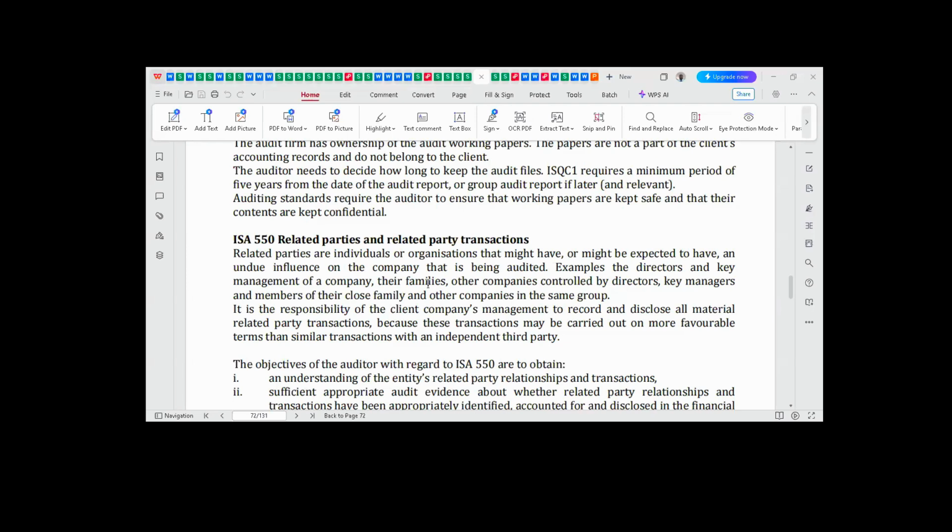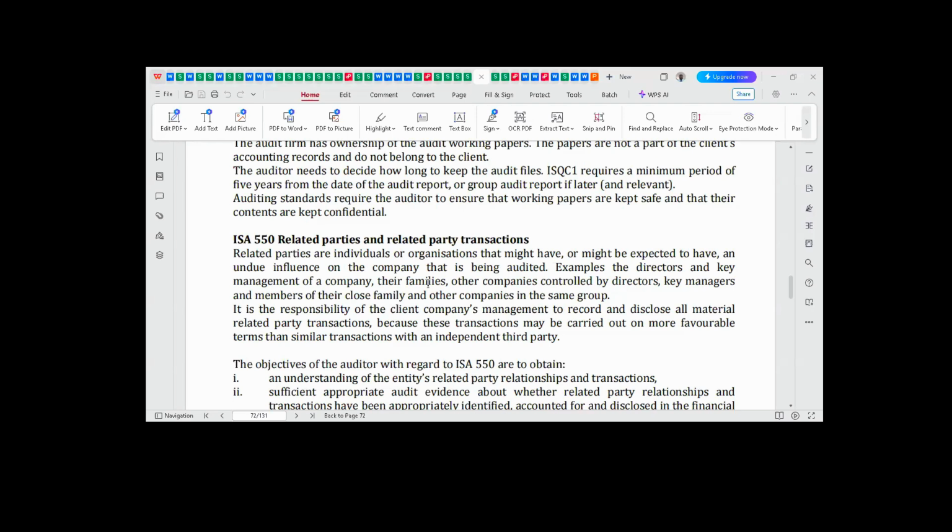It's commonplace for you to have related parties. But what will be considered as a big issue is where there is no disclosure, or where there is no sufficient or adequate disclosure as to those related parties and related party transactions. That is where the issues will come.